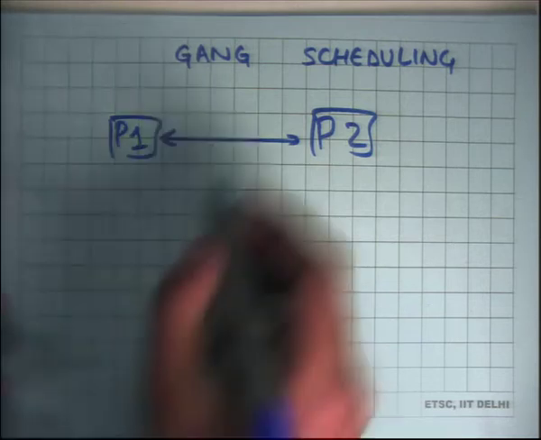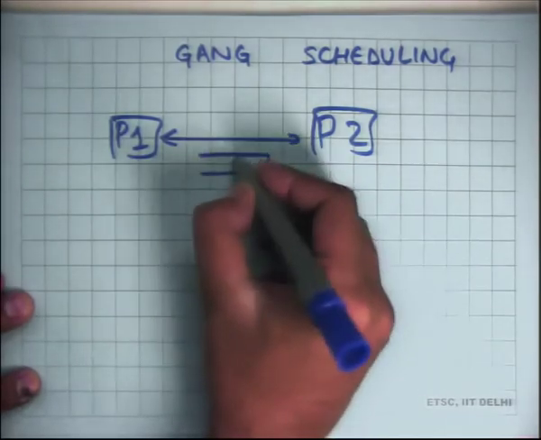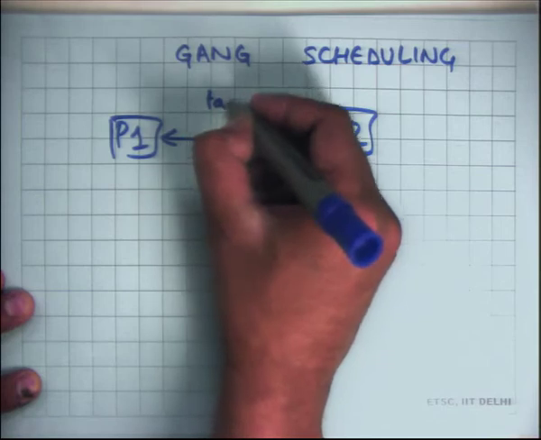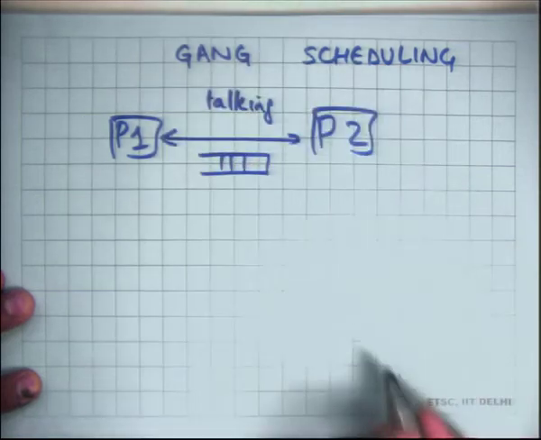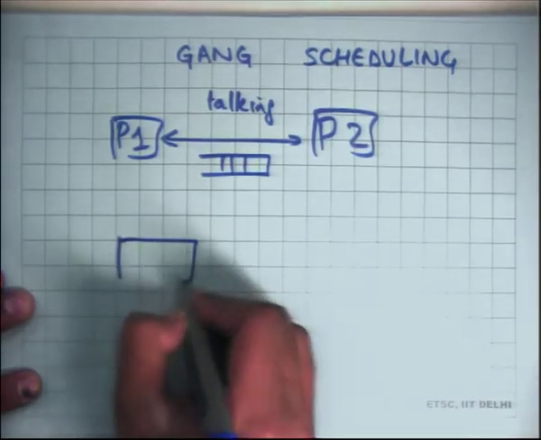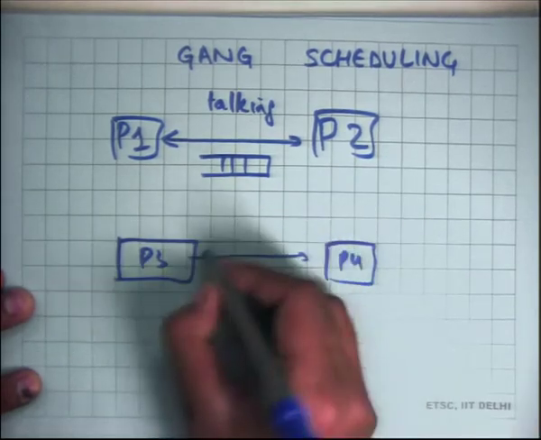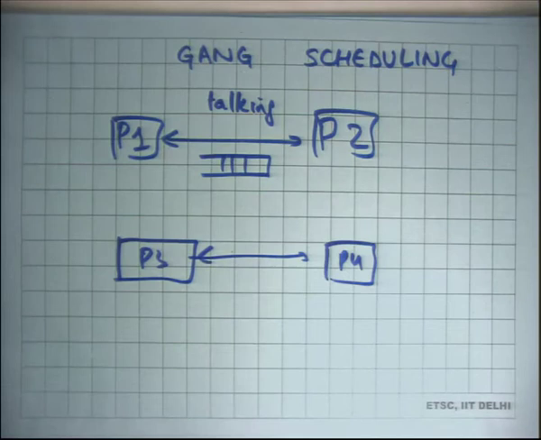Right? And now there are P3 and P4 that are also talking to each other. So it will be a much better scheduling policy to basically say that P1 and P2 will get scheduled together. So they will get scheduled as a gang. So that's called gang scheduling.